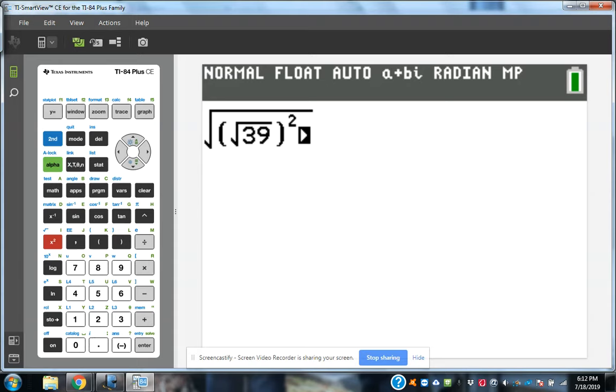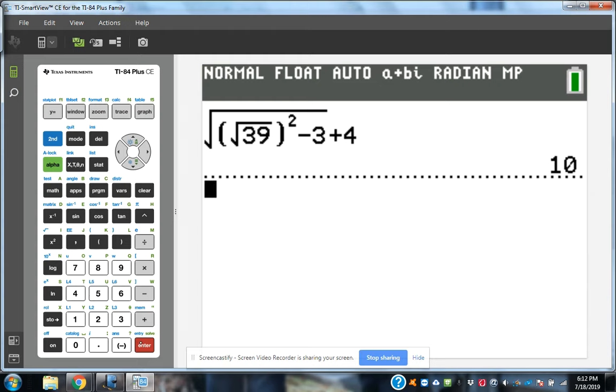And then it was minus 3 on the inside of that square root. And then I pressed the right arrow key to get out of that. And then it said plus 4. So if this answer works, then I should get 10 after I hit enter. Hey, square root of 39 works.